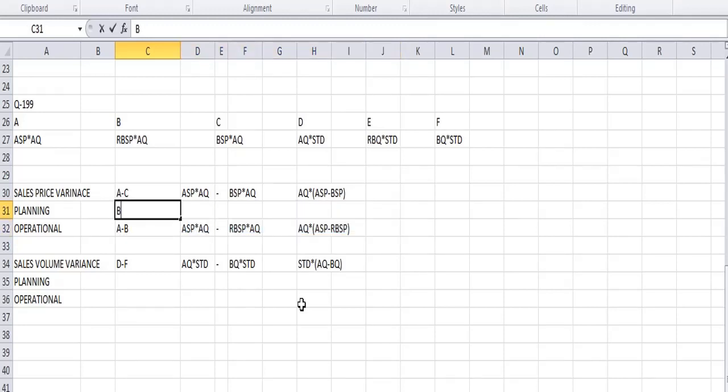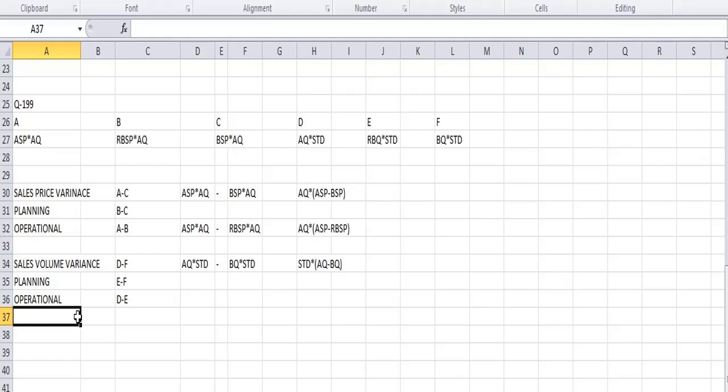Planning variance will be B minus C. And for the sales volume, operational will be D minus E, and planning will be E minus F. These two difference will be our planning, and these two difference will be our operational for the volume cases. So this is what the chart for the sales looks like.